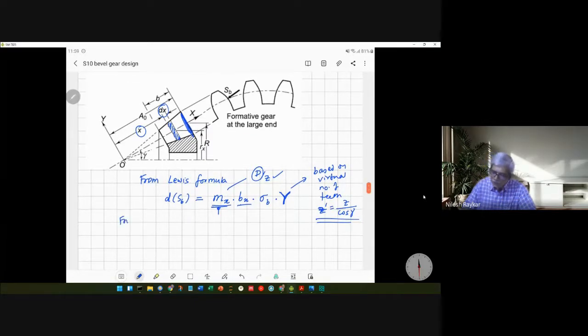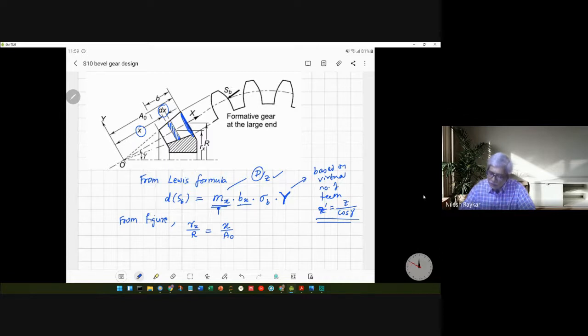So from the figure, we get Rx by R would be equal to X by A naught, by similarity of the triangles.